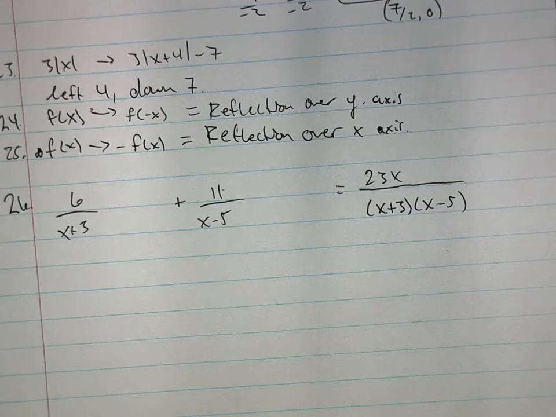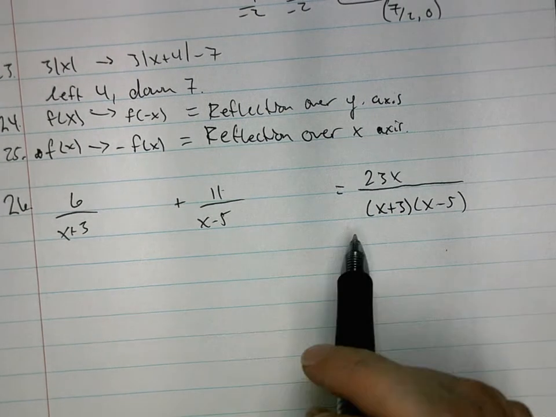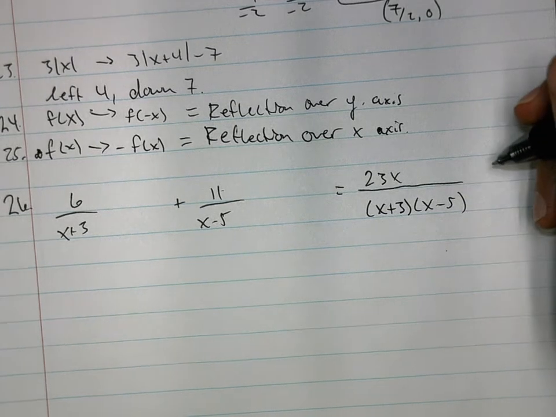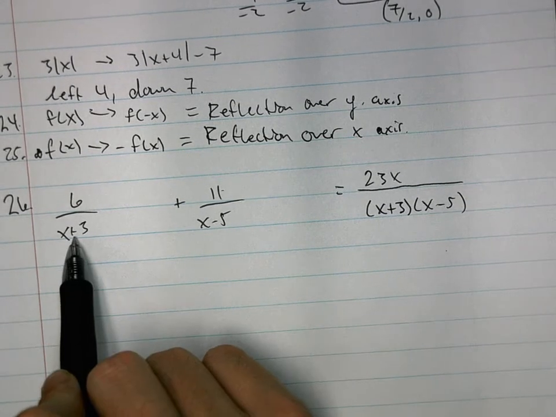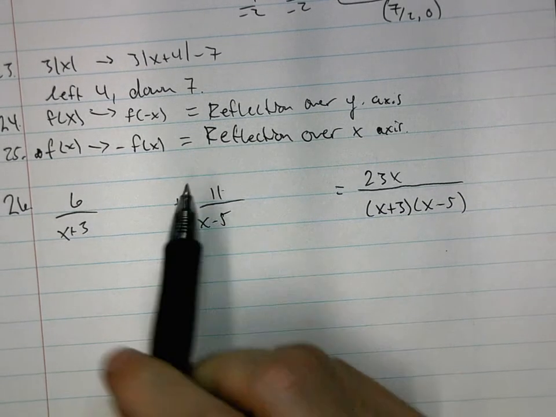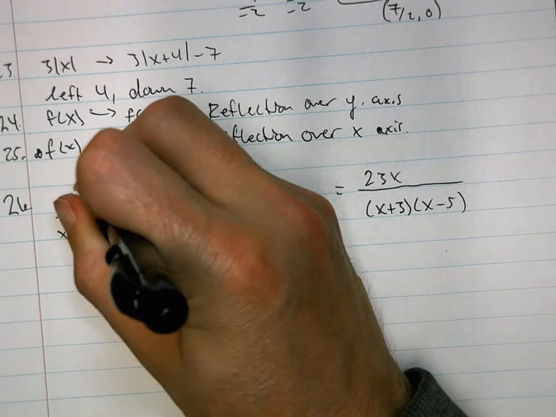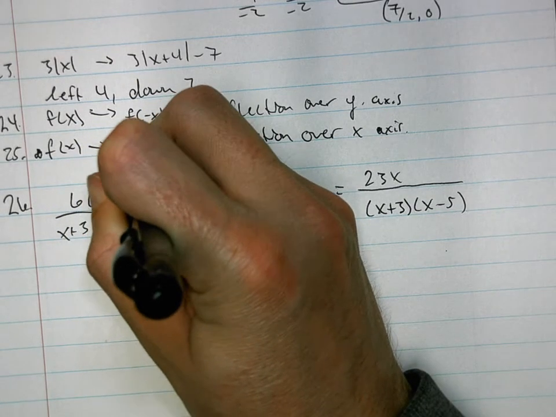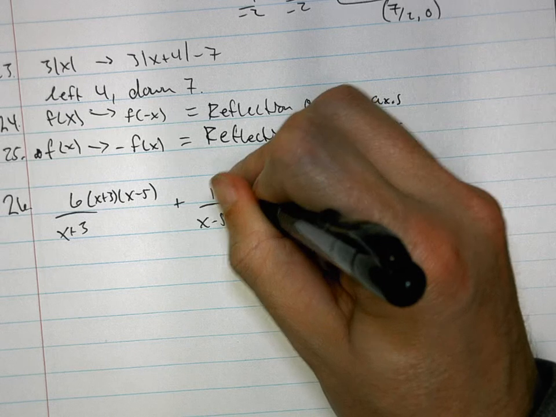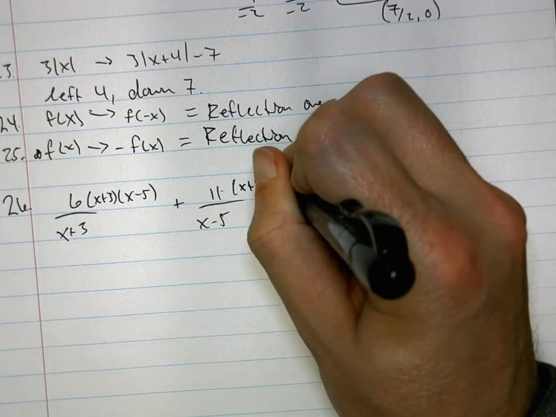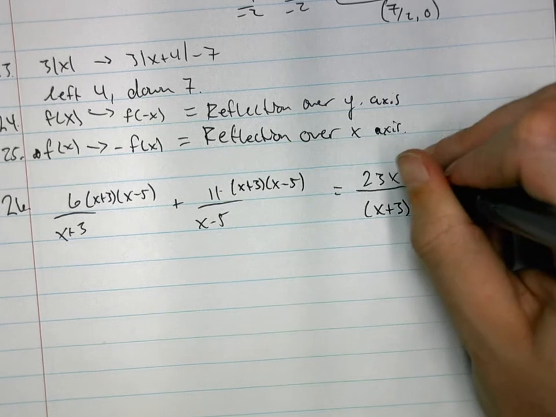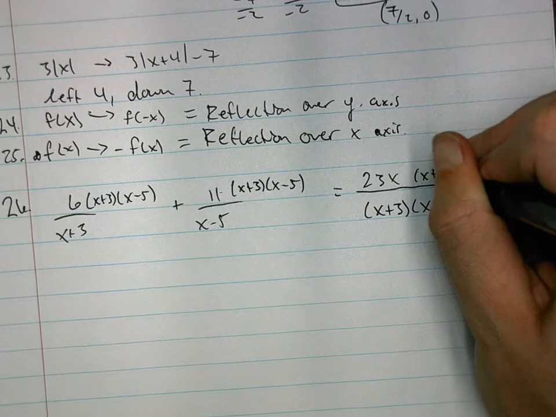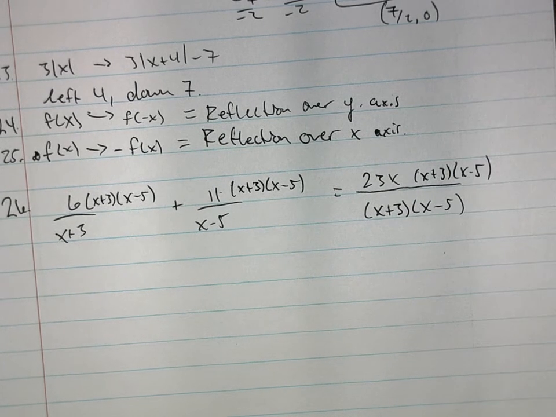Weird coincidence, huh? Anyways, the LCD. We want to get rid of an x plus 3, and we want to get rid of an x minus 5. So we're going to multiply everything by x plus 3, x minus 5, x plus 3, x minus 5, and x plus 3, x minus 5. That's multiplying everything by the LCD.